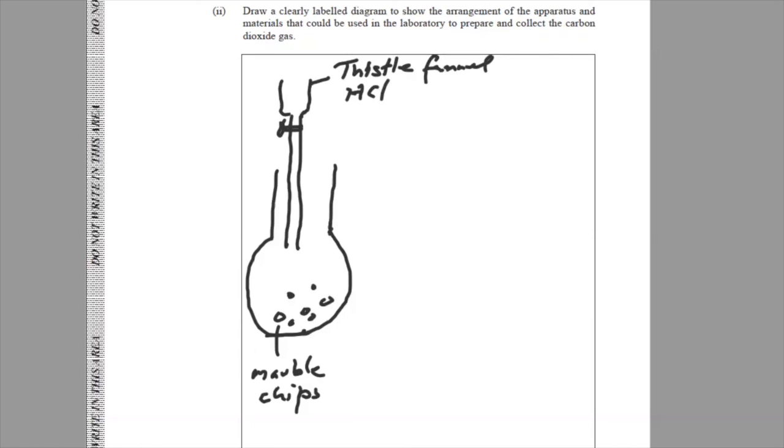So we would need a delivery tube now. And then we would definitely need to close the system so the gas doesn't escape. So that's your rubber bung.